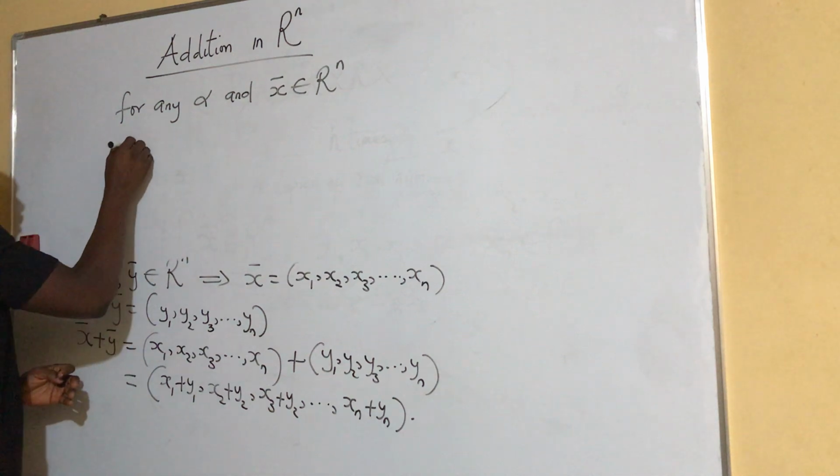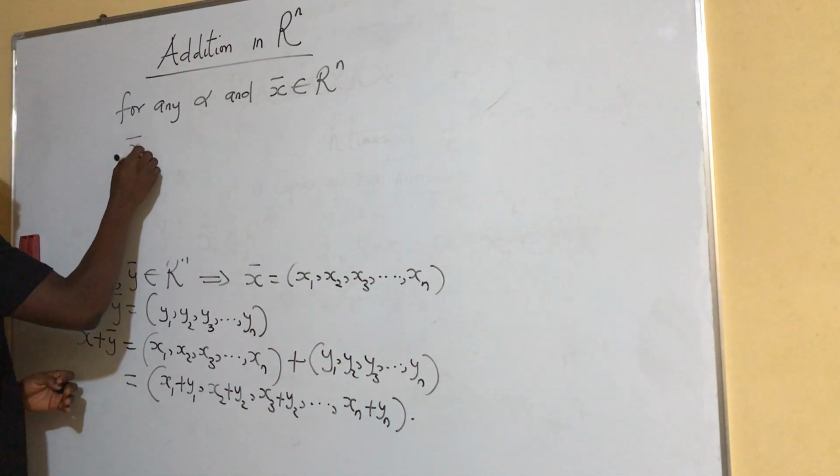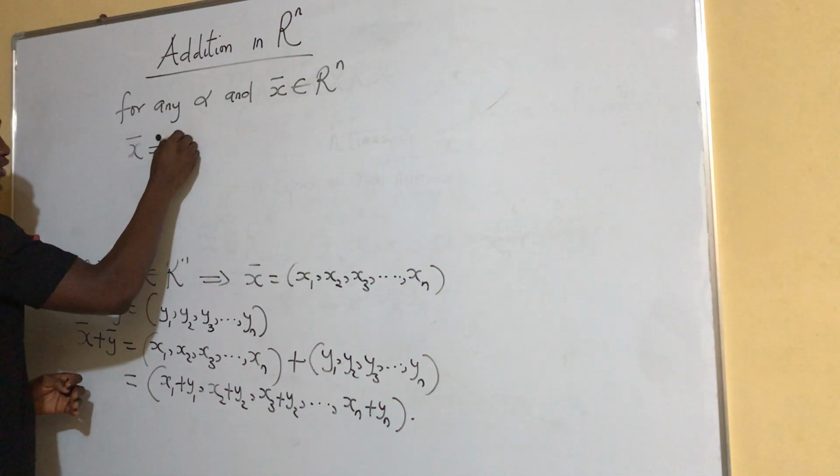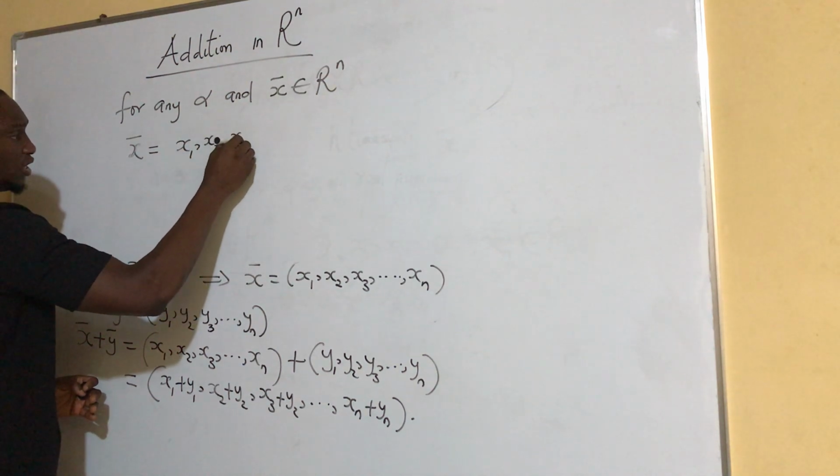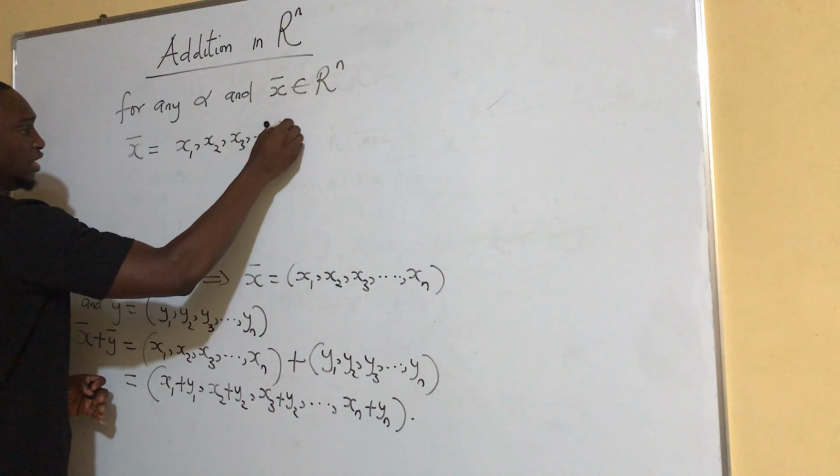So x bar will be equal to x1, x2, x3 to xn.